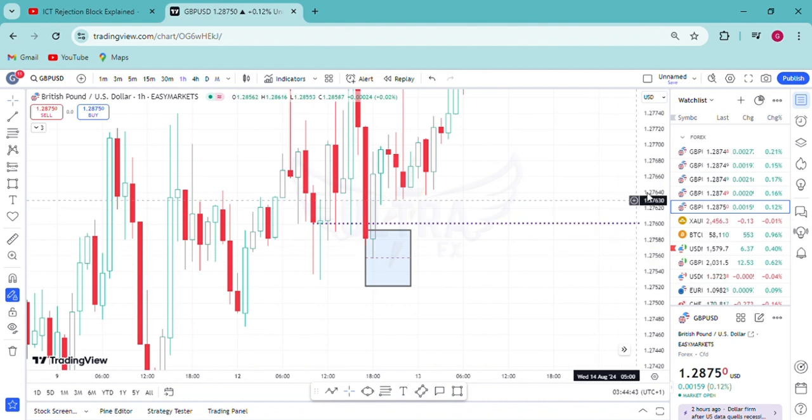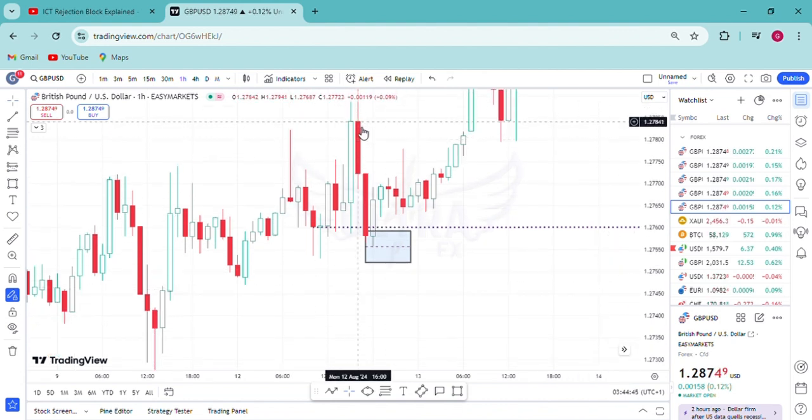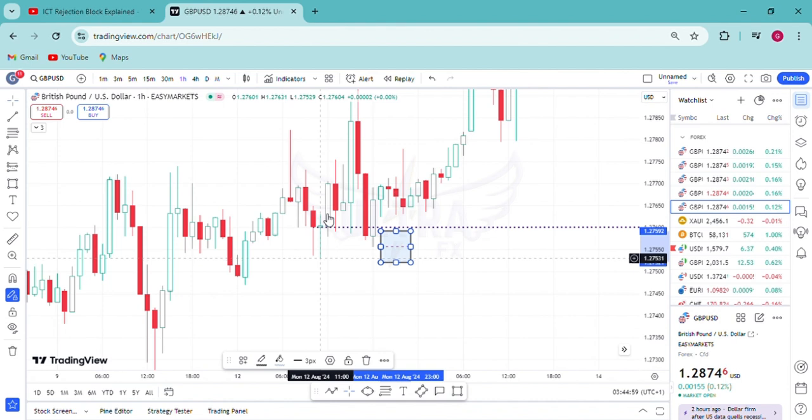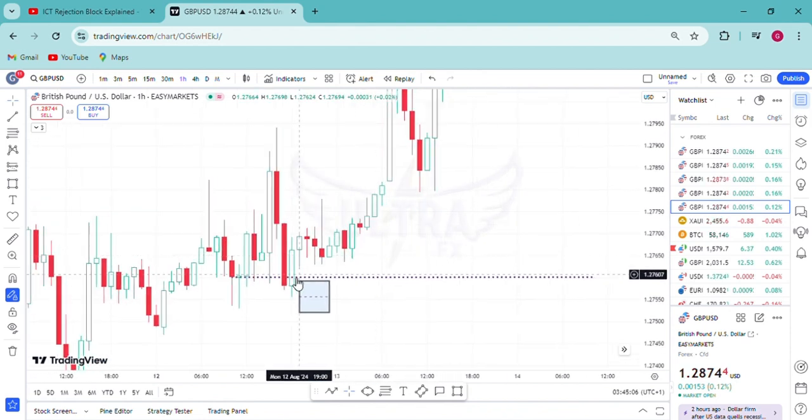Now the price goes up and comes down, then coming down, the price does not pass this zone. You can see it right here that this spot is what we call a rejection block, leaving a long wick. Now this long wick is being traded into, and price stops here to give you a bullish move again.